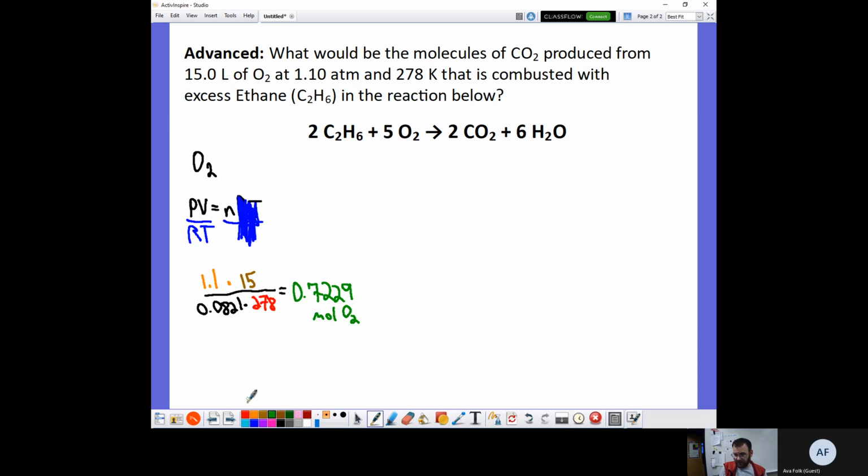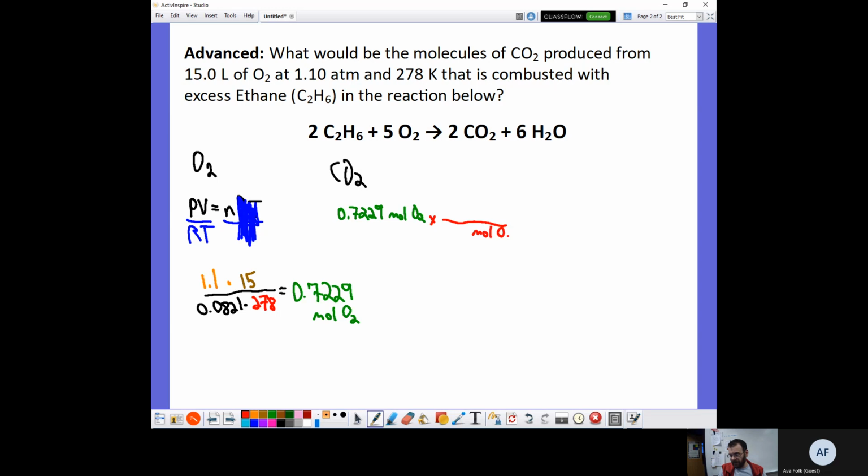I want molecules of CO2. So in order to get my CO2, I'm going to take what I have now, my 0.7229 moles of O2, and I'm going to change that over to CO2 using stoichiometry.